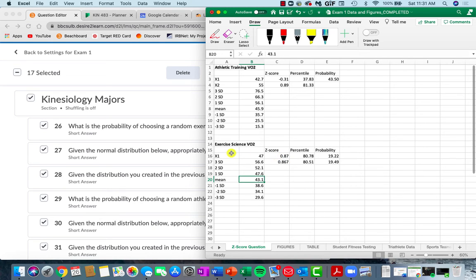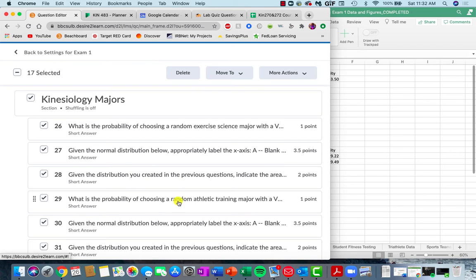You wanted to find the percentile for someone who was greater than 47. We know visually 47 is going to land between the mean and the first standard deviation. So for the last part, given the distribution you created, indicate the area.